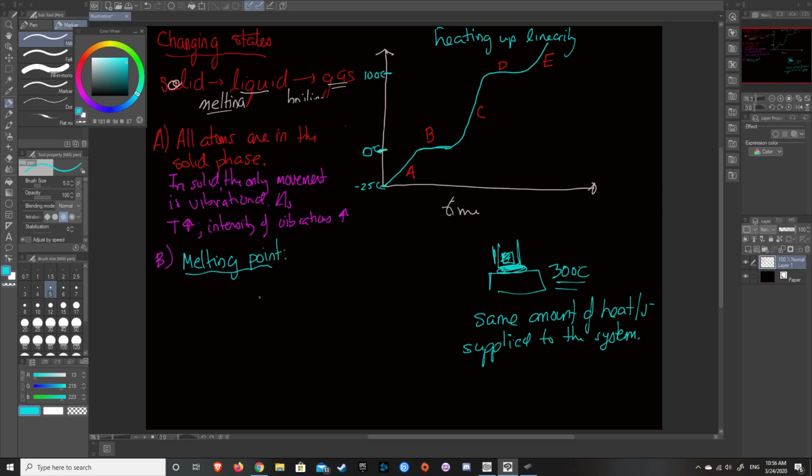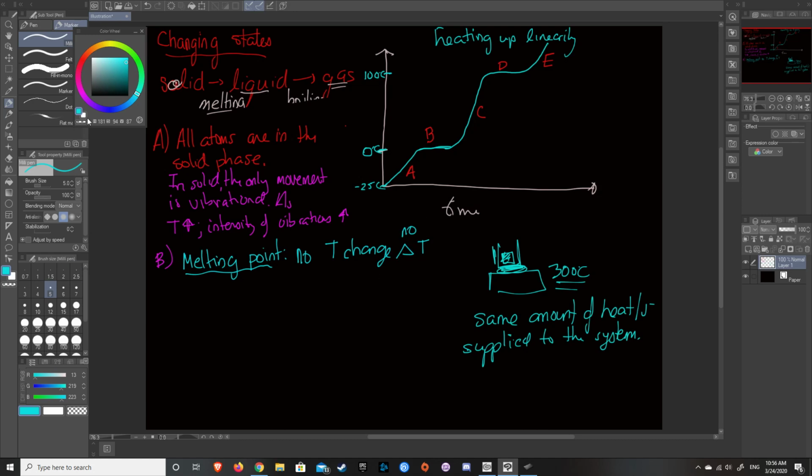The melting point. So at the melting point, what we see from the graph is that there's no temperature change. So no delta T, no temperature change.